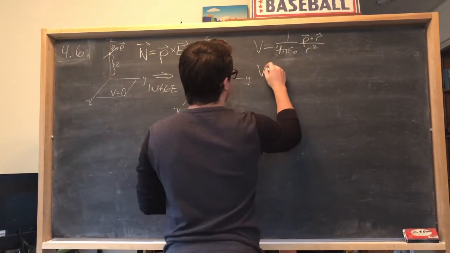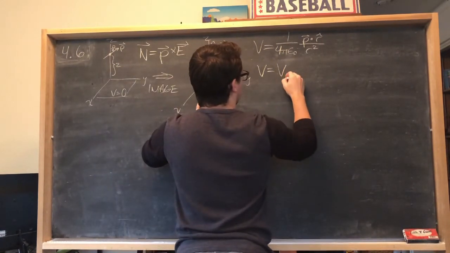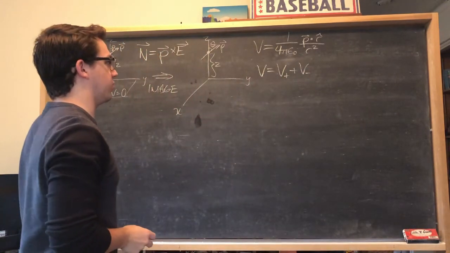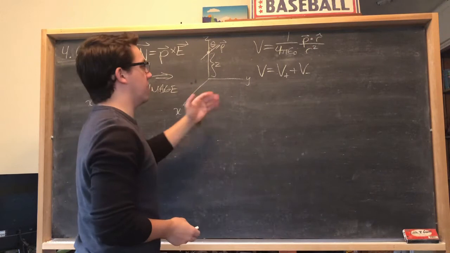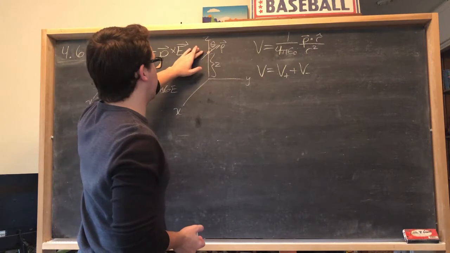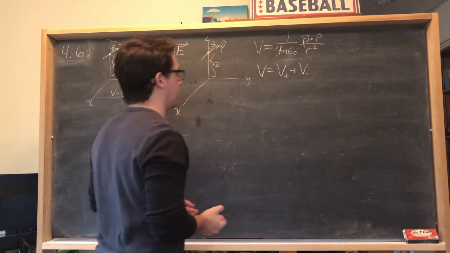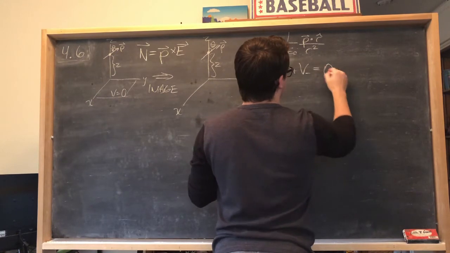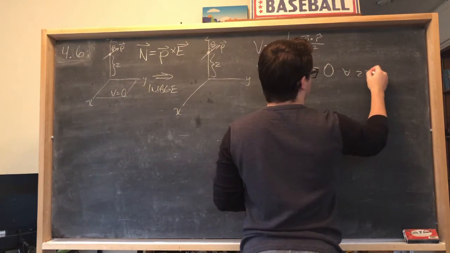So if we were to place a second dipole down here, then we could compute the potential at a given point by just adding the individual potential contributions from each dipole, which I labeled plus and minus, even though they aren't really like a plus and a minus charge. We'll refer to this one as just the positive dipole for now, for lack of a better term. We want that to equal 0 for any point where z equals 0.